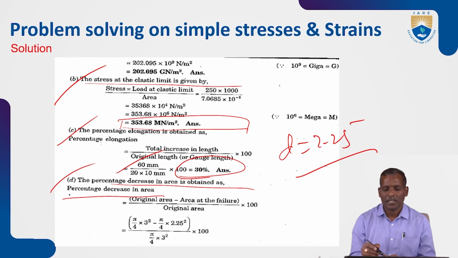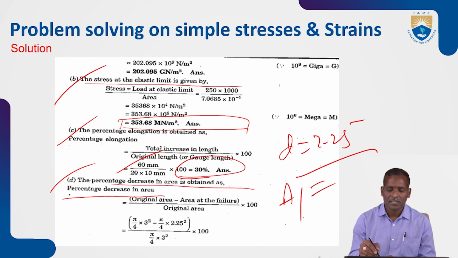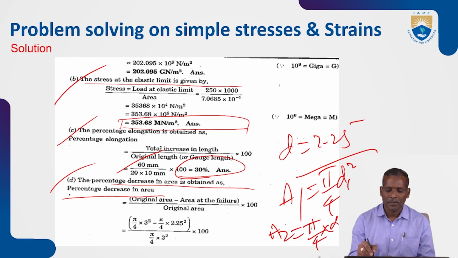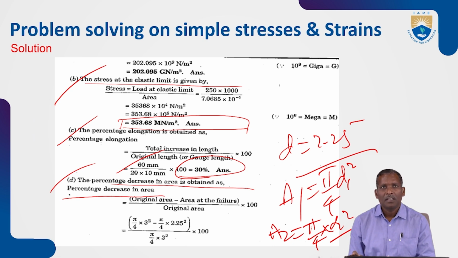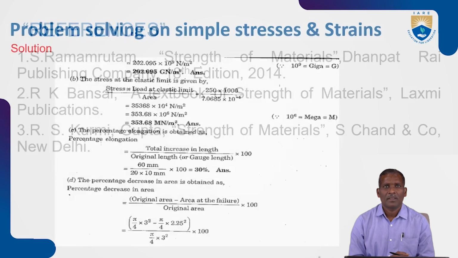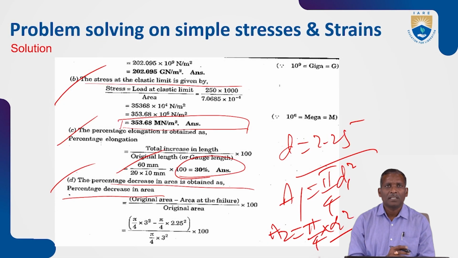The original area is A1, which is pi by 4 into d1 square. After reduction, A2 is pi by 4 into d2 square. So we'll get the percentage decrease in area. Clear? Like this, calculate by using simple stress and strain relations.